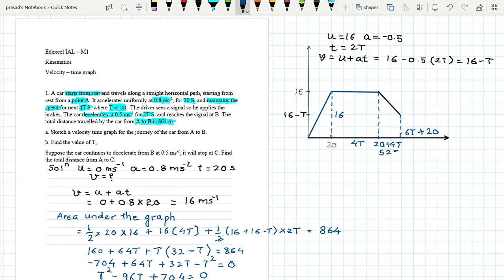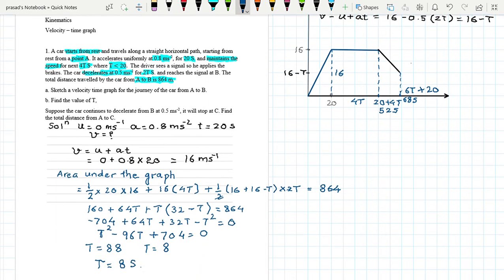And 6t plus 20, that is 6 into 8 plus 20, that will be how much? 68 seconds. So this point is 68 seconds. So that is the value of t we have got.